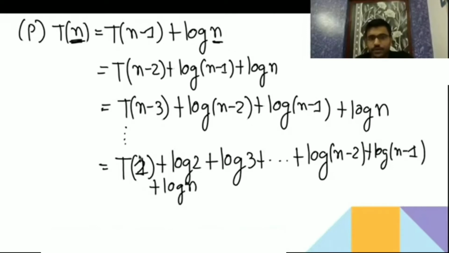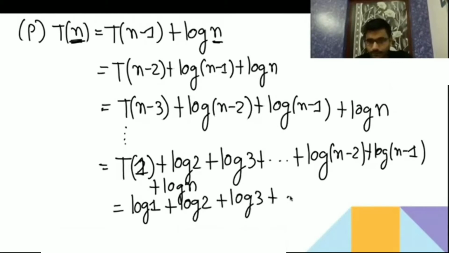T of 1 is 1 only, so the constant is going to give you 1. So we have 1, log 2, log 3, then log of n minus 2, log of n minus 1, plus log n.